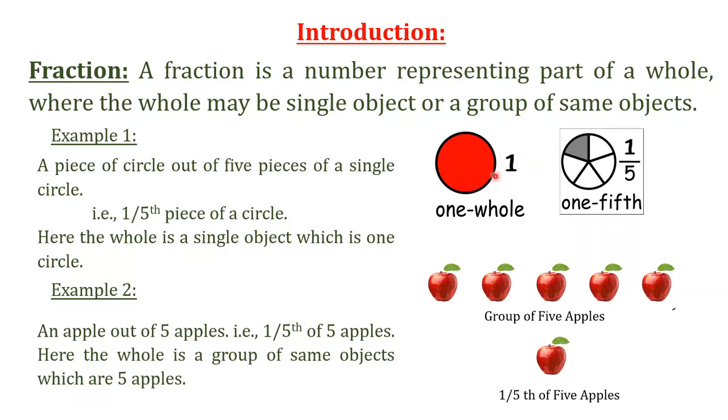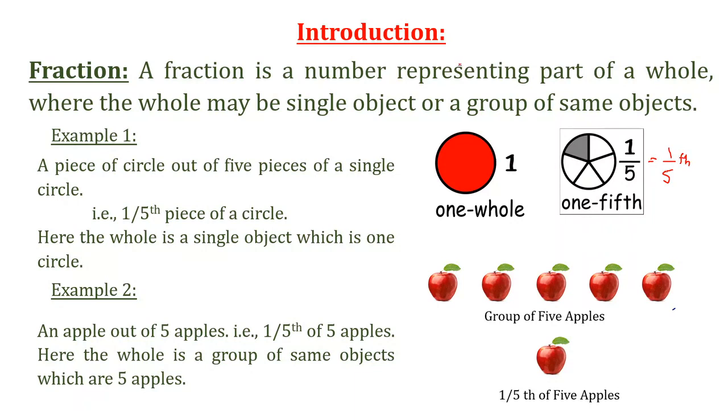From this circle, if we make 5 parts, and from those 5 parts I am taking one part, we denote it as out of 5 parts, one part, which is nothing but 1/5. We read it as 1/5 part of the one whole.